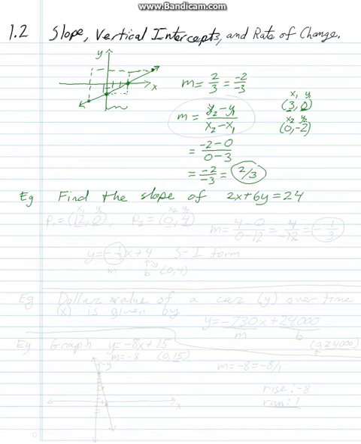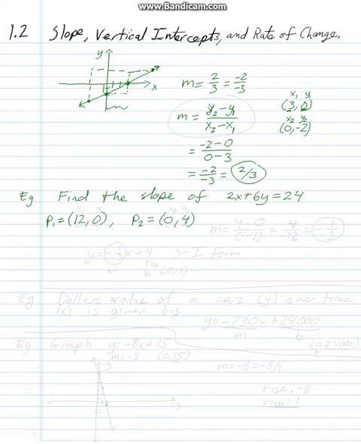We already have a graph of this line, so we could just look at the rise over the run between any 2 points on that line. But I'm going to choose 2 points in particular. We went to all the trouble of finding the x and y intercepts. So we have the first point, let's say that's the x-intercept, which was (12, 0), and a second point, which is the y-intercept of (0, 4).